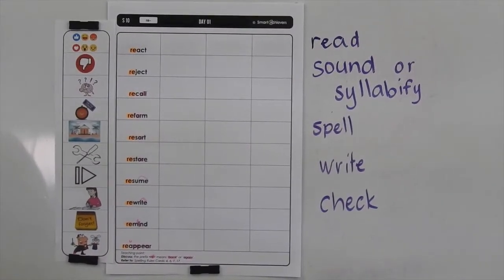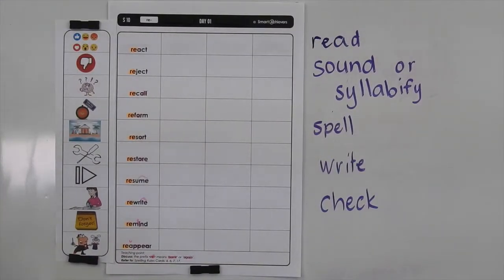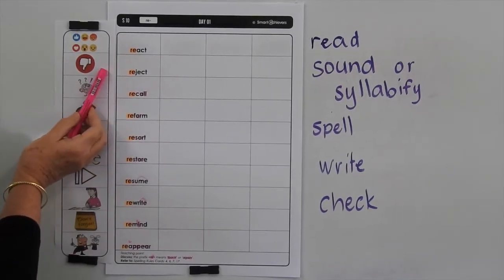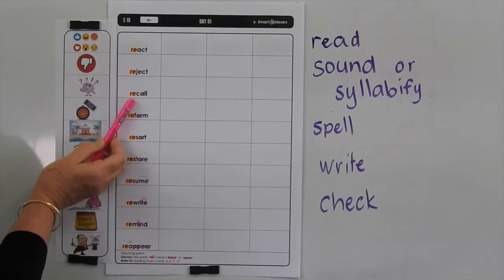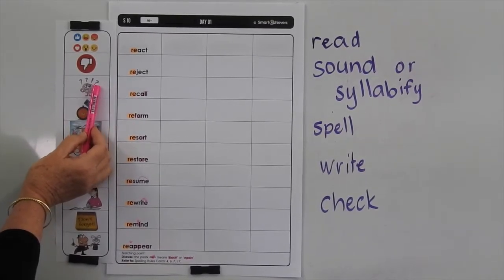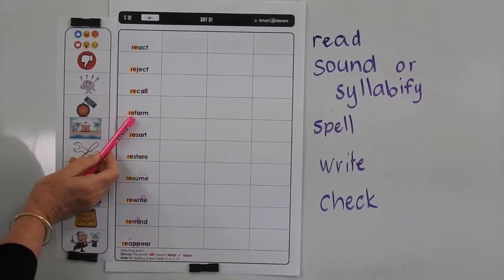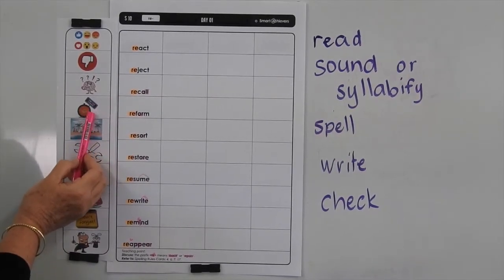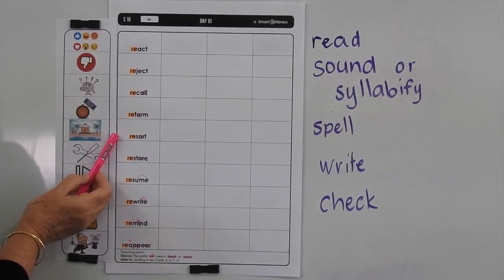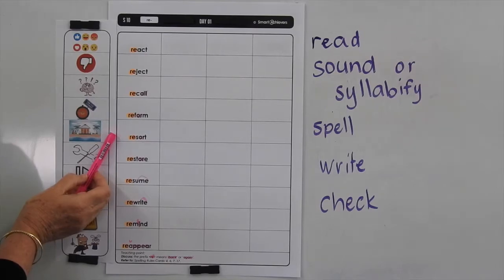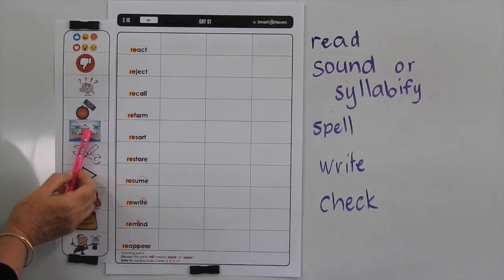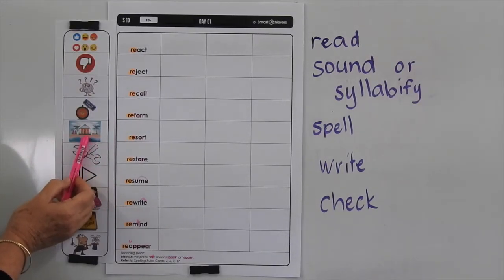Now if we look at what these words mean, react means to respond to something. A reject means to refuse something. A recall is to remember something. Reform means a change. A resort, now it could mean an action to fix a situation, or it could also mean a place for a holiday.